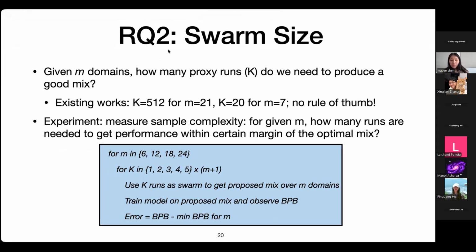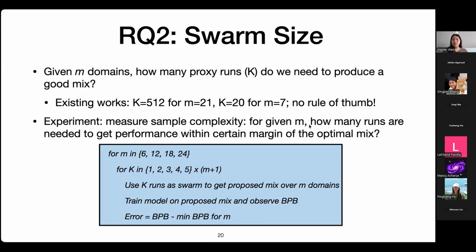So we're going to measure the sample complexity, or the rate at which increasing the number of swarm runs helps performance. So for a fixed M number of domains, how many of these proxy models do we need to get performance within a certain margin of the optimal or best mix we find?